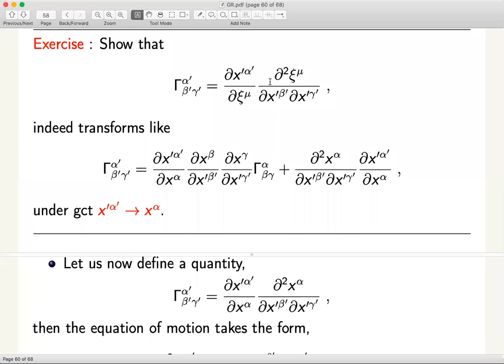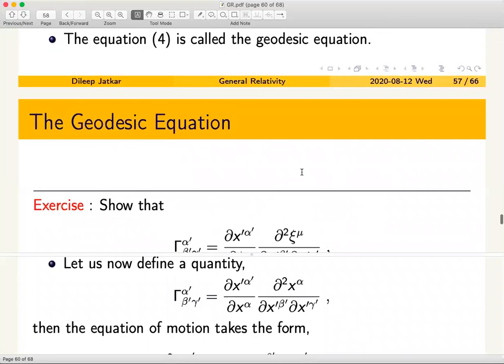If you define your gamma exactly the way we had defined initially to be that object, do a coordinate transformation, say x prime alpha prime to x alpha now, check that this object transforms in this fashion. That is the transformation that we just saw.